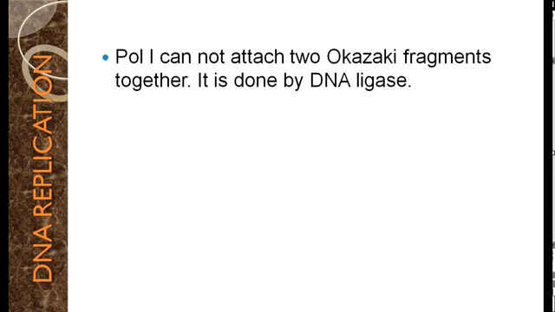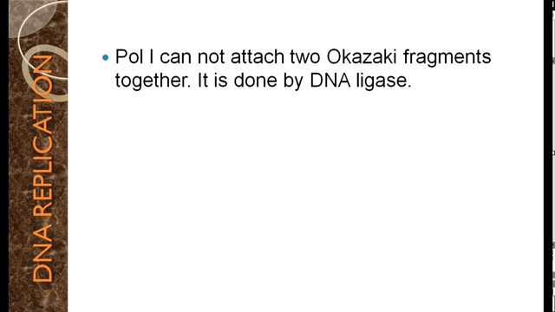Polymerase 1 cannot attach two Okazaki fragments together. On the minus strand, there are Okazaki fragments. Each fragment initiates with an RNA primer. Polymerase 1 can remove an RNA primer. At the place of ribonucleotide, it can add deoxyribonucleotide, but it cannot attach two Okazaki fragments together.